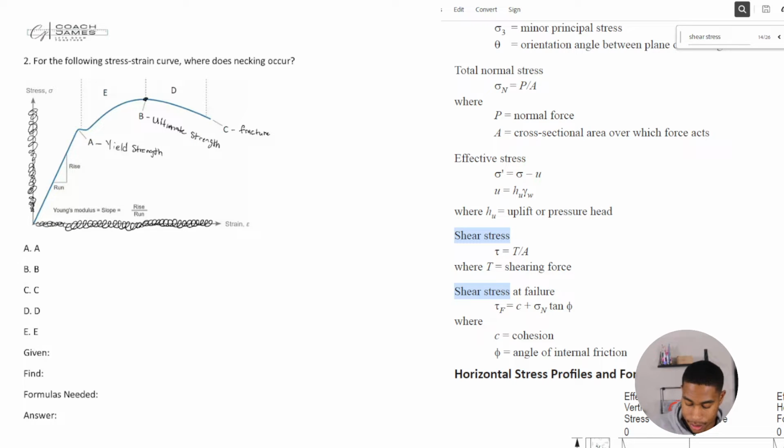Part D is necking, which is what the question asks. Now, what does necking look like? So if I have a bar, right? And I pull on that bar.